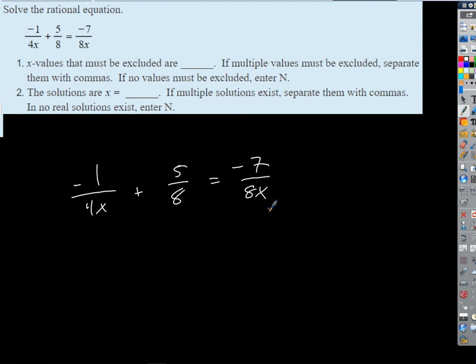Exclude 0. Okay, so first of all, if we're keeping track of all the x values that must be excluded, we know that 0 is one of them, right? We can't have 0. Now what? How can I turn this into a simple equation?